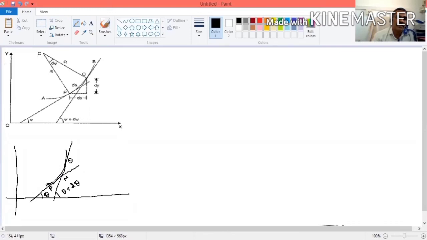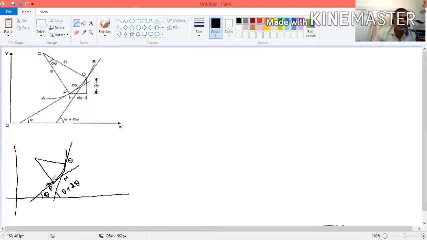Now from P I am drawing a line perpendicular to the curve. Similarly, I am drawing another line from point Q, perpendicular to the curve.